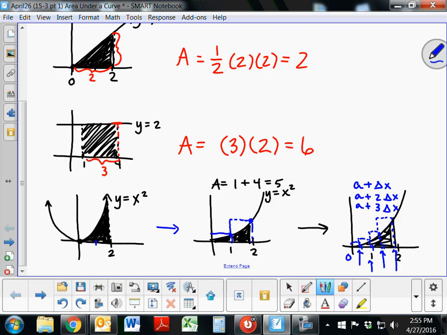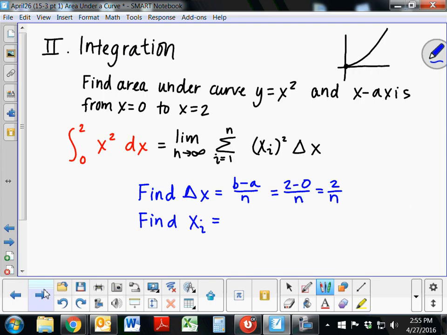Where is that number coming from? I'm not going to add another sigma. Instead, I just want to express how I find that number. It's always A plus something times delta x. You're almost there. A plus what delta x? N represents how many rectangles. The question is, what rectangle number am I on? I'm on i. So good, you just had your letter wrong.